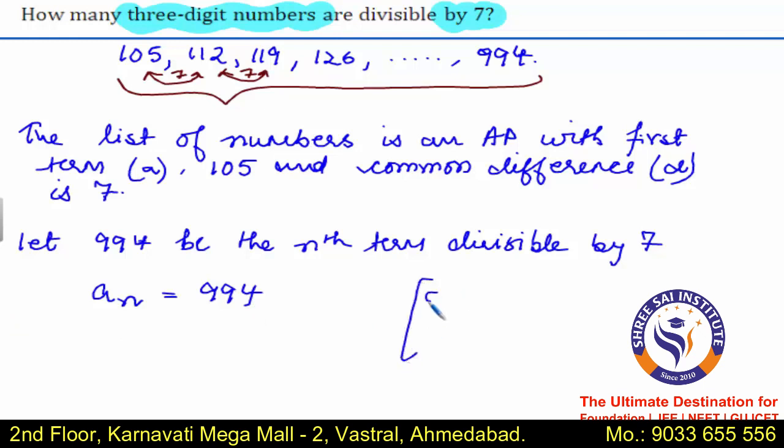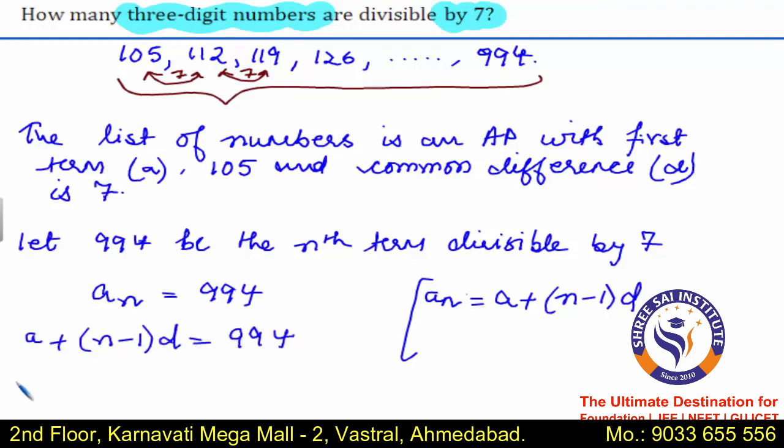Now since the nth term is equal to A plus n minus 1 into D, where A is the first term and D is the common difference, therefore here the nth term can be written as A plus n minus 1 into D, and this is equal to 994. Now let's substitute the value of A and D. A is 105 plus n minus 1 into D is 7 is equal to 994.